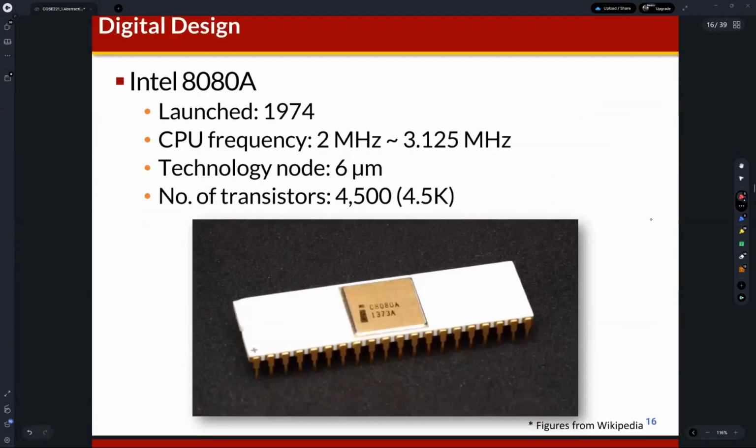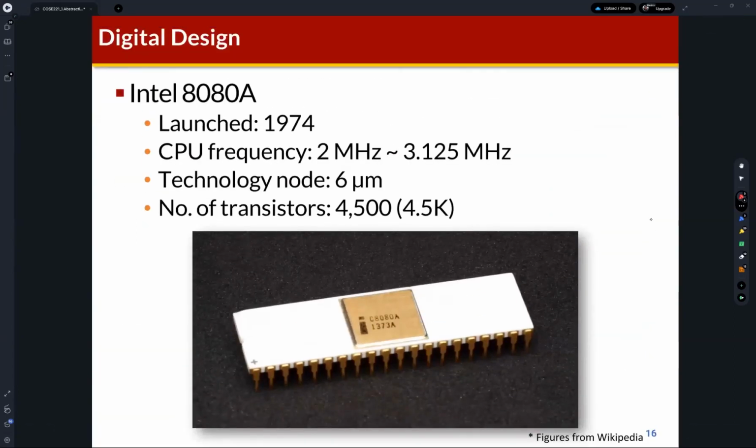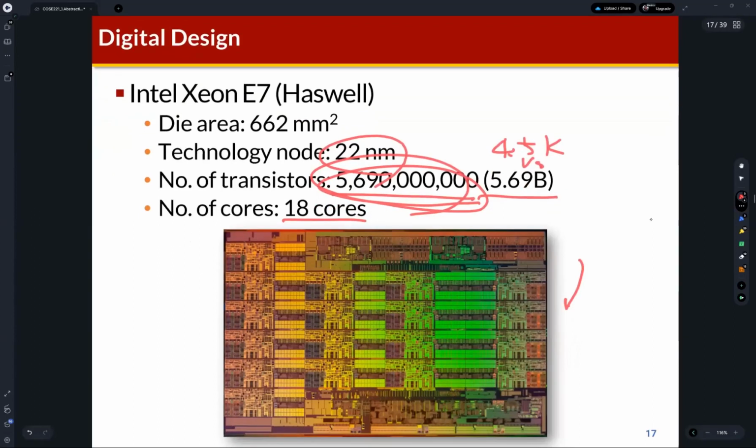Around 1970, the number of transistors was 4.5K. But as Moore's law continues, the number of transistors has now become 5 billion.